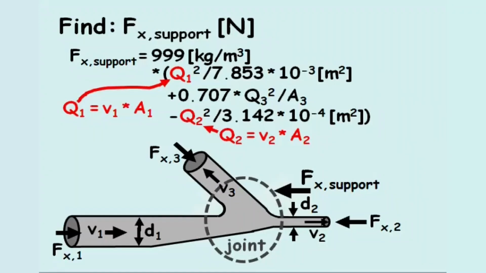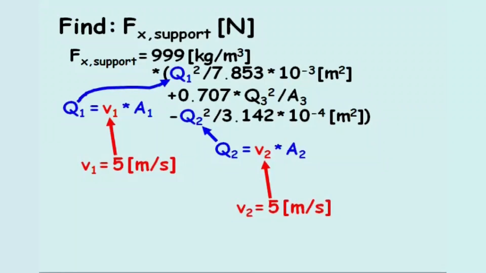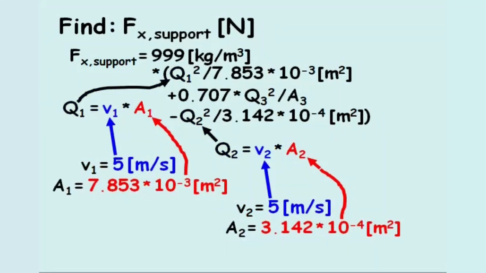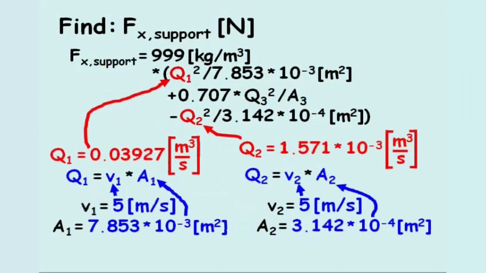Since the problem statement provides the velocity as being 5 meters per second, and since we just calculated the flow areas, we compute the flow rates 1 and 2 as 0.03927 meters cubed per second and 1.571 times 10 to the negative third meters cubed per second.